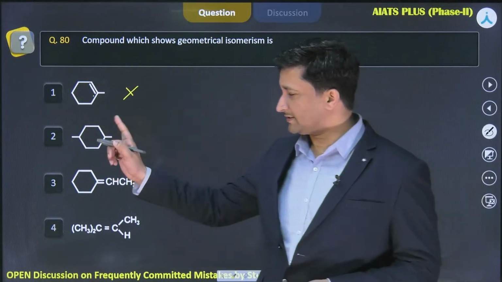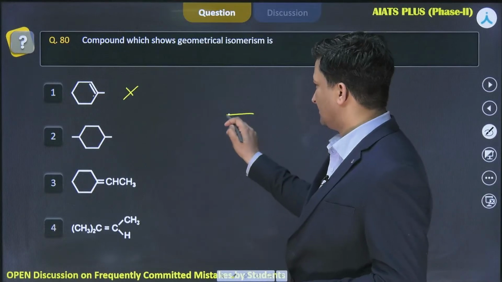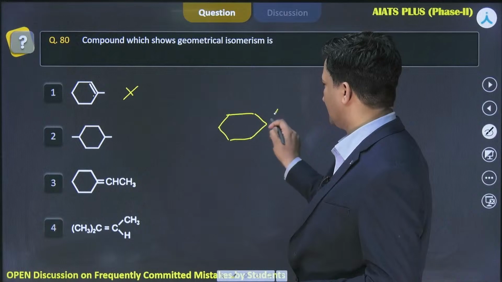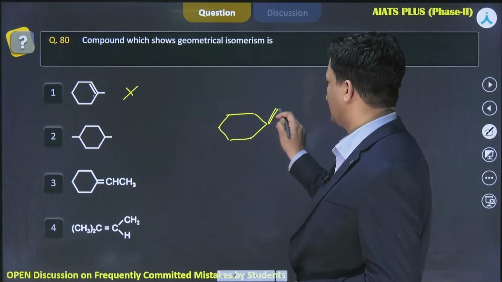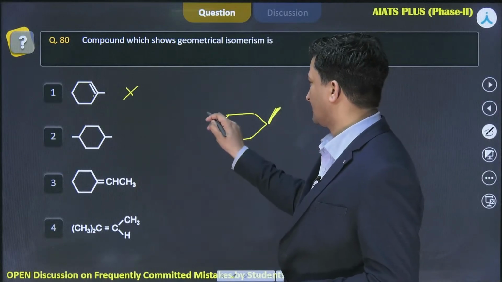If I talk about this second one, now try to understand this fact. We have already discussed, see, this type of arrangement is there.